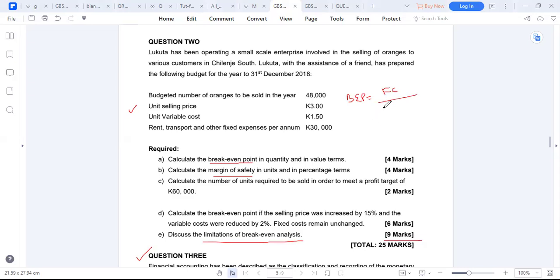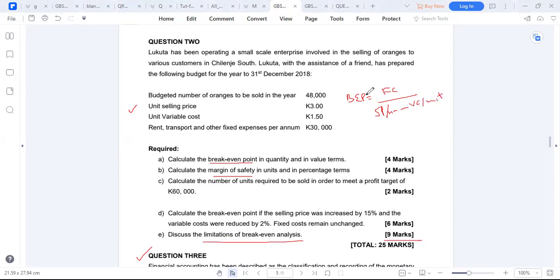What's the contribution? Selling price per unit minus variable cost per unit. So what is our fixed cost there? Fixed cost over selling price per unit minus variable cost per unit.